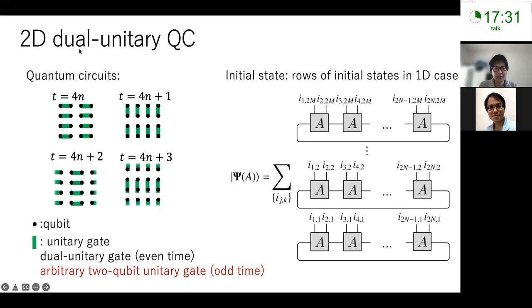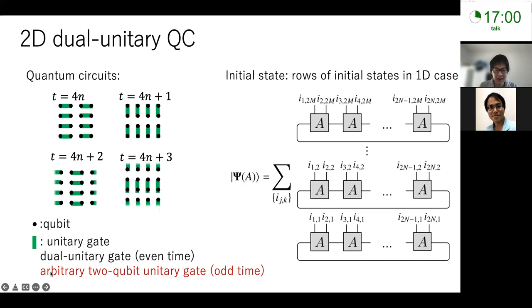The quantum circuit is defined by a four-period quantum circuit where we apply unitary gates to each qubit, like this form. So first, at even time, we apply unitary gates in the lateral direction, and at odd time, we apply unitary gates in the vertical direction.